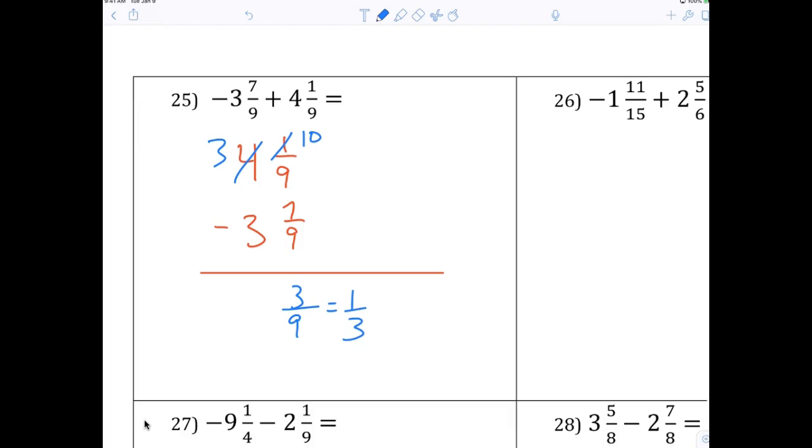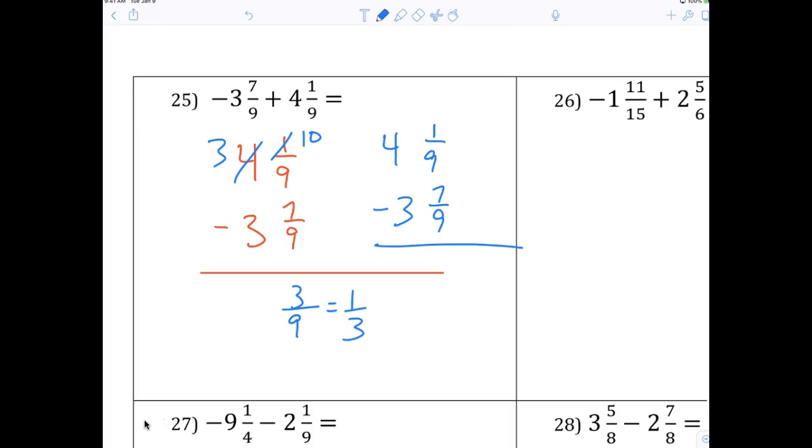What? I don't understand the borrowing process. Do you know you have to borrow on this one or not? Because you have to subtract. Right, 4 and 1/9 minus 3 and 7/9. Can I go 1 minus 7?